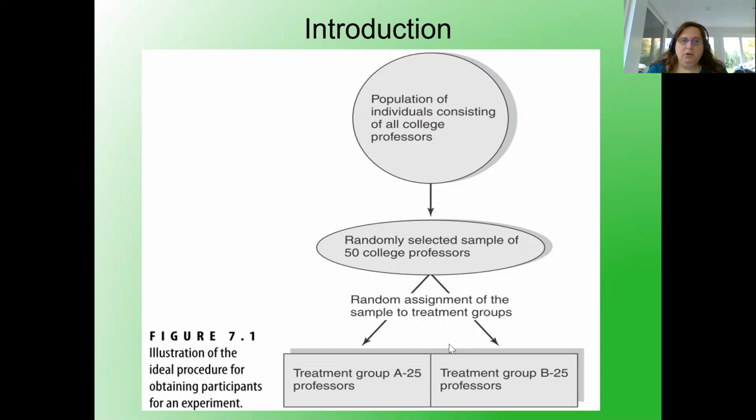Treatment group A, 25 professors, treatment group B, 25 professors. So this is, of course, an ideal. I already shared with you that random selection rarely occurs. So the random assignments, though, we can focus on, and that is a great technique for helping out when you're trying to do an experiment, when you're trying to get at causality.